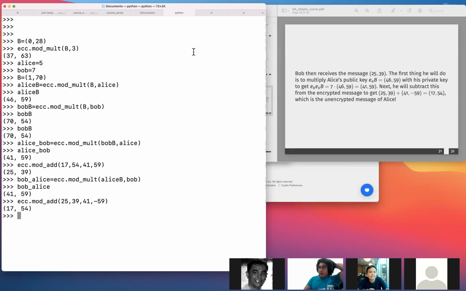Honestly, I don't know how, but probably there are some references that we can read on how, from a mathematical point of view, you derive the strength, why you can say that a 256-bit elliptic curve has the same power as a 3072-bit RSA.